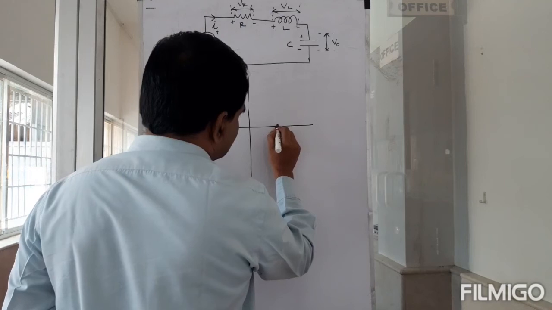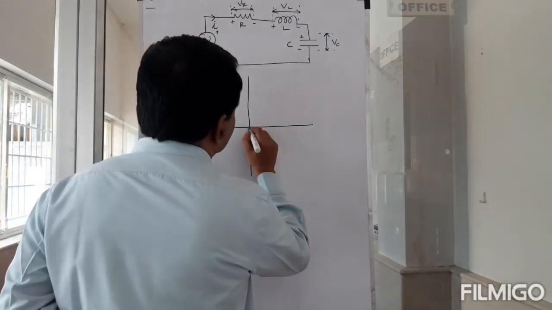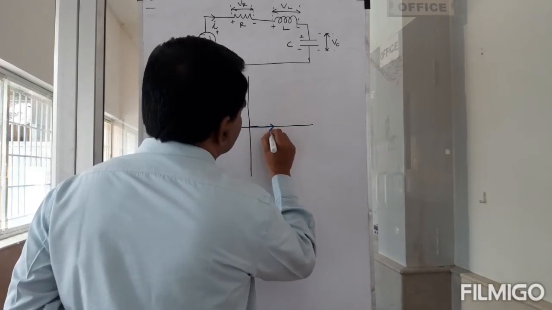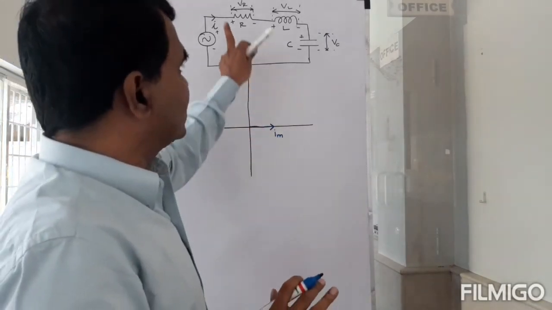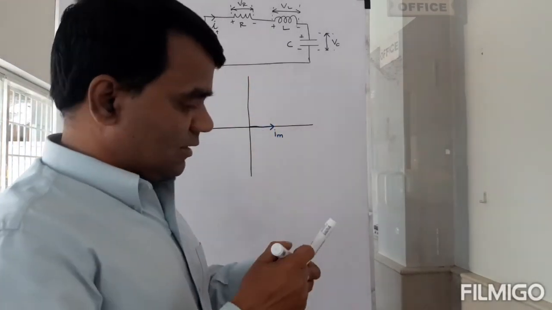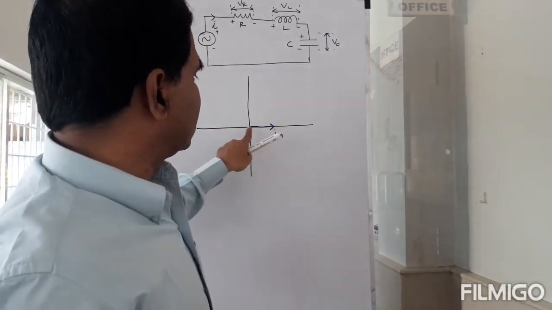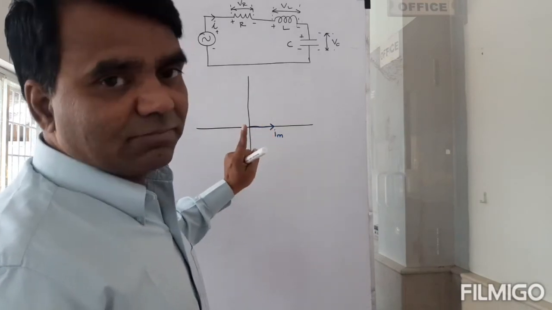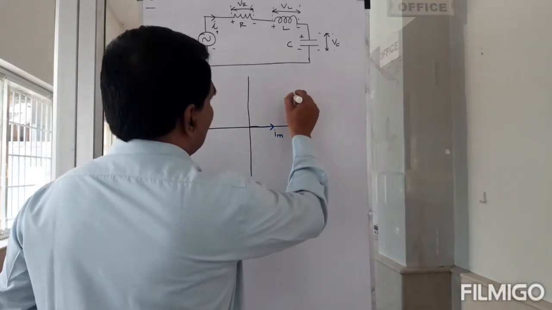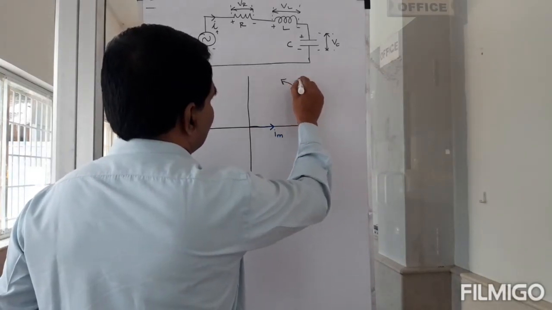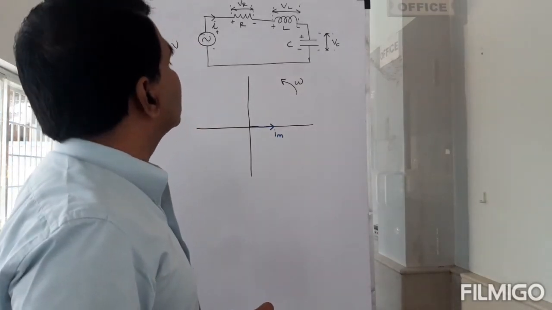So that would be here, right? I must be 0. There is some time at which the current is 0, and this is it. This is the picture. The projection of this along the y-axis is 0, so the current is 0. So the current phasor will be like this. Everything will go with an angular speed of omega.